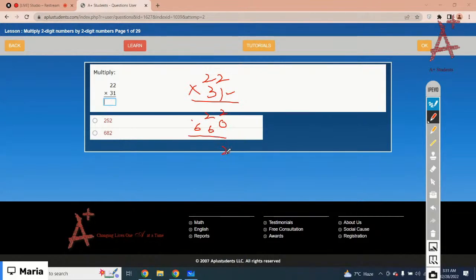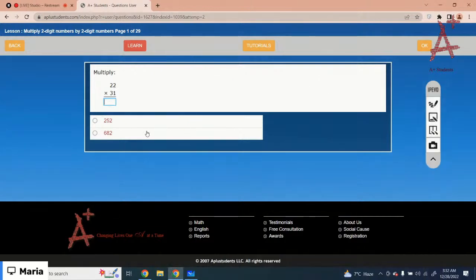So just add up the numbers. 2 plus 0 is 2, 6 plus 2 is 8, and here you have 6. So it would be 682. Got it? So just select the correct option and click on the OK button.